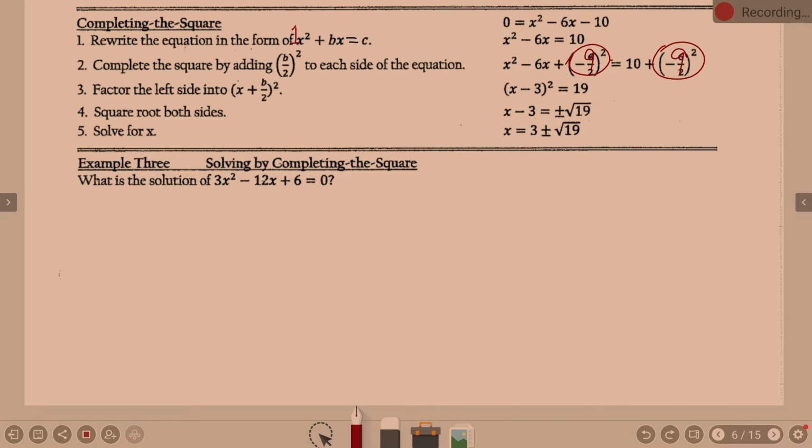So this will factor into x minus 3 squared. So we're factoring a perfect square trinomial. After we factor, step 4, we square root both sides. Notice the square root gives plus or minus the square root of 19. And then we'll solve for x. Those 3 steps I mentioned earlier are steps 3, 4, and 5 on what we're doing tomorrow.